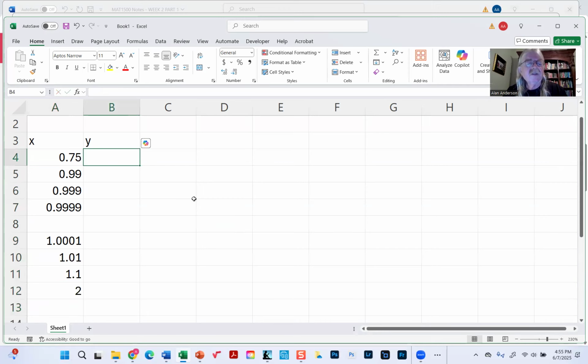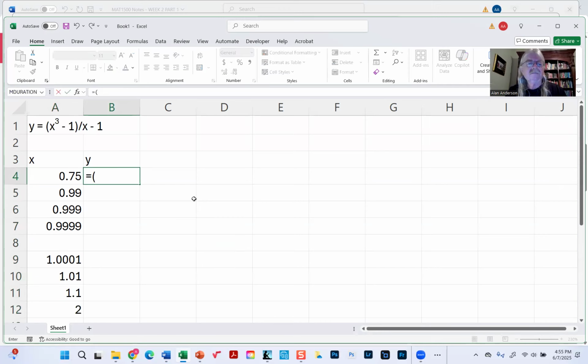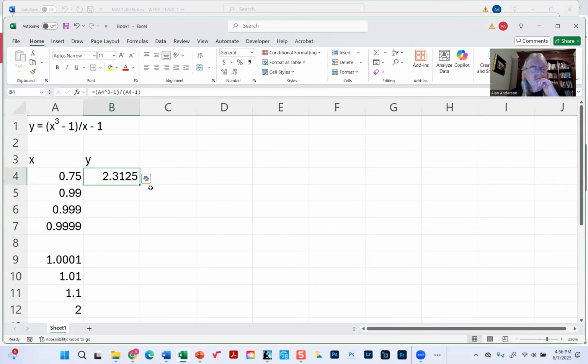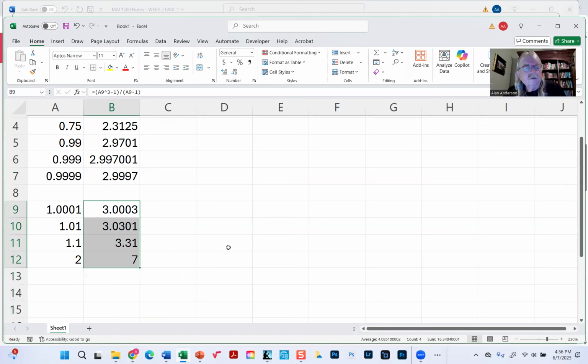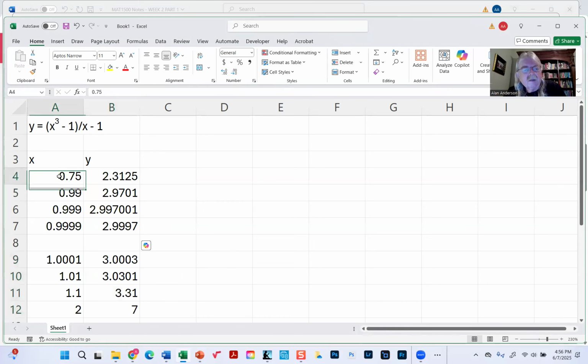So in other words, it should be clear by looking at the results what is happening to it. If you notice, as I'm coming from the left, the function is getting awfully, awfully close to 3.